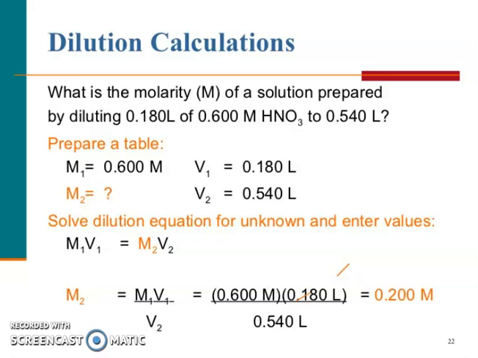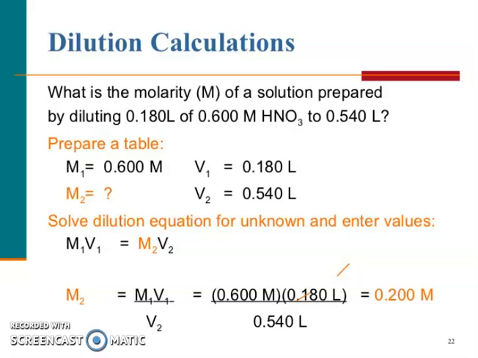Dilution calculations. What is the molarity of a solution prepared by adding 0.180 liter of 0.600 M nitric acid to make 0.540 liter? So prepare the table: M1 is 0.600 M, V1 is 0.180 liter, M2 you have to calculate, and V2 is 0.540 liter.